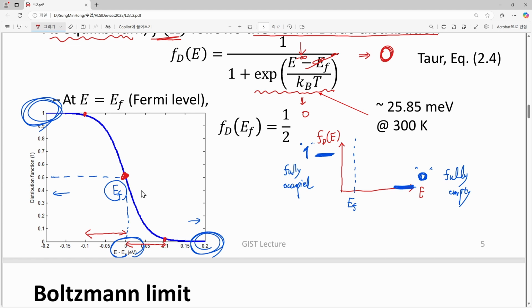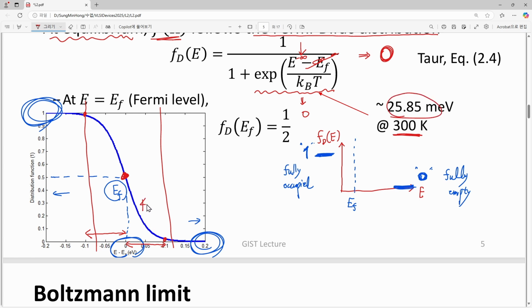So simply speaking, please note that this is drawn at 300 Kelvin, so corresponding to thermal energy of 25 millielectron volt.